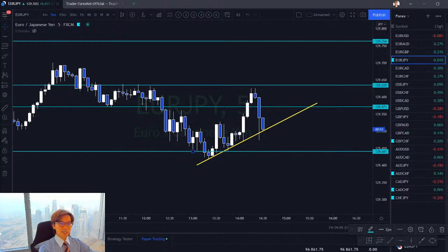All right, so this is like open discussion now. While watching the Euro JPY 5-minute chart, it looks like it's retracing backwards now. Let's see if the market bounces here or not. If it bounces, then I will talk about the entry edge to buy. But if it breaks, then see if the market will bounce off the previous support or not. As the market goes on, we have to create scenarios in your head and watch charts like this.